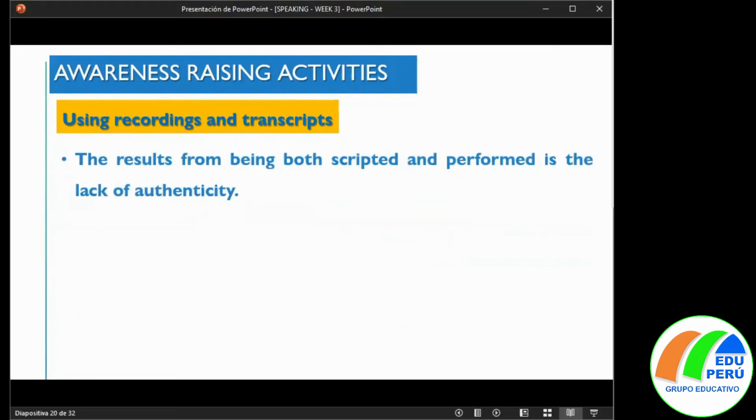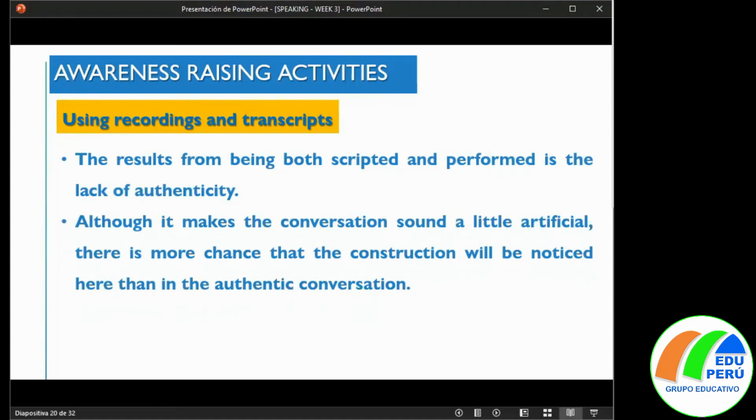The result from being both scripted and performed is the lack of authenticity. Here you have the script and then they are performed. So we have here something that is not so authentic. Also, it makes the conversation sound a little artificial. There is more chance that the construction will be noticed here than in the authentic conversation.